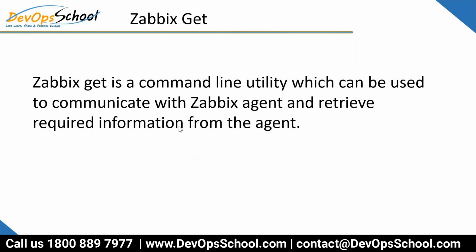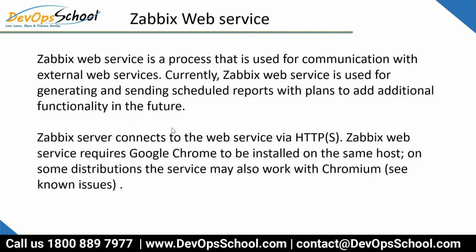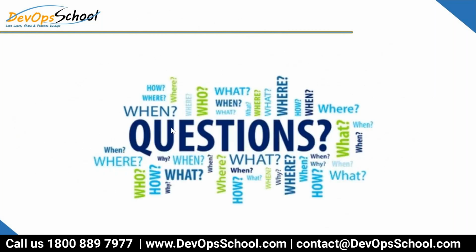There is one more command line utility for retrieving information from the Zabbix agent. So this is also Zabbix get. There is one JavaScript related utility, JS. It's a code actually, it's not a utility, it's a code. And web service, we experience this one and so on. Okay, so this is Zabbix.